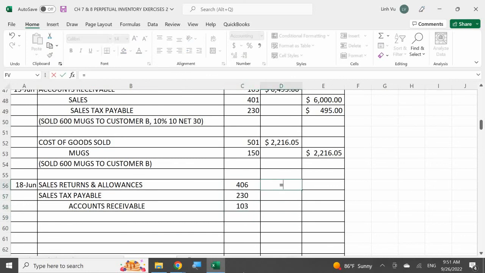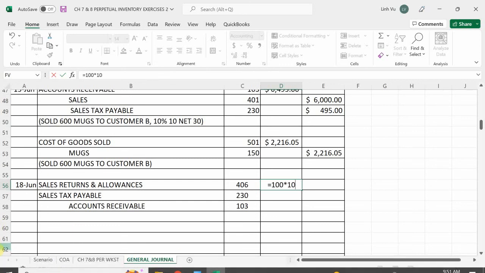Now, if I sold each cup to be $10 each, how much is going to be the actual return? Because they're returning 100, right? And I sold that to them for $10 each.